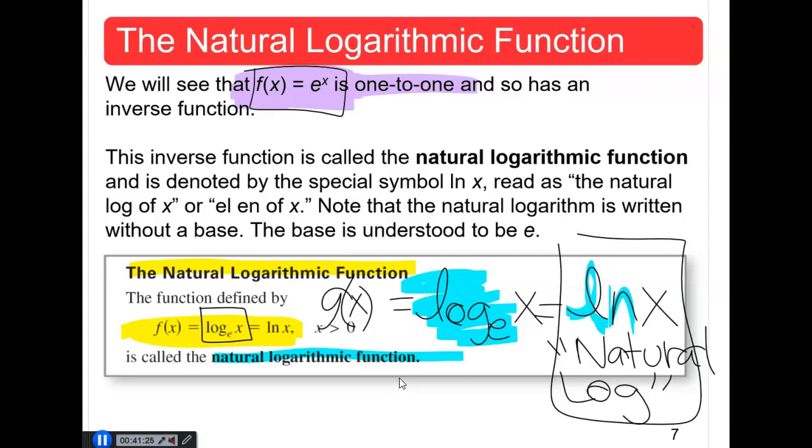And so the way we read this expression will be the natural log of x, or ln of x. It will not have a written base, but of course, when you're solving equations, you need to remember that the base is that implied e.